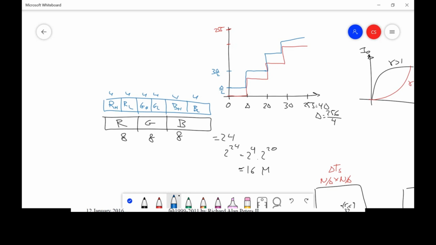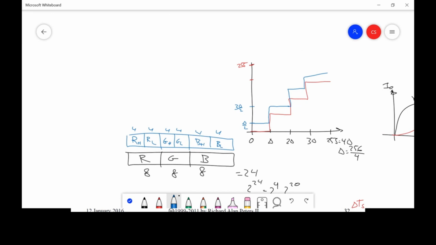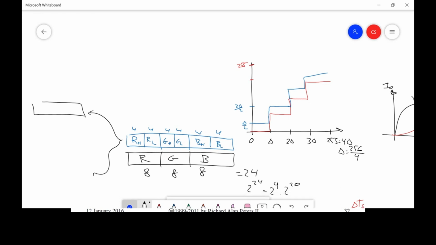Okay, so now let us construct the following image. From here, I can construct 2 images.